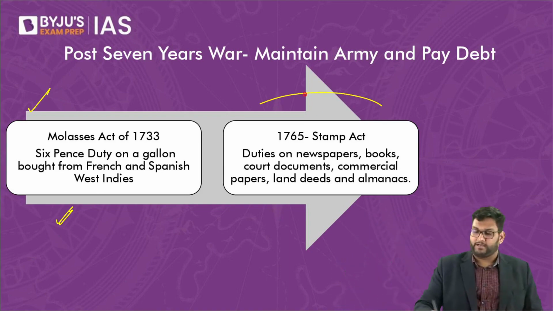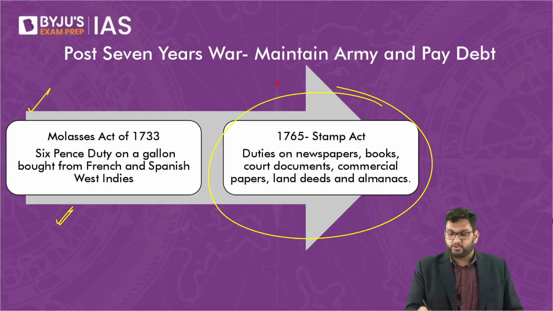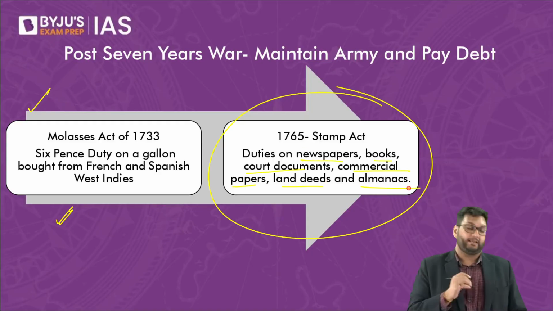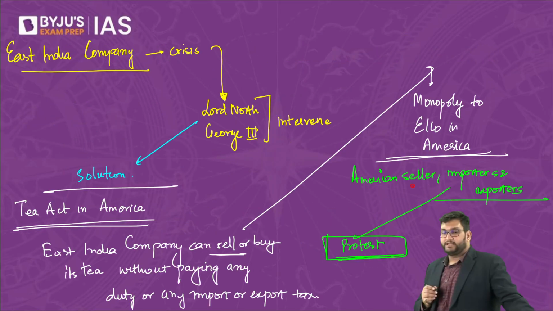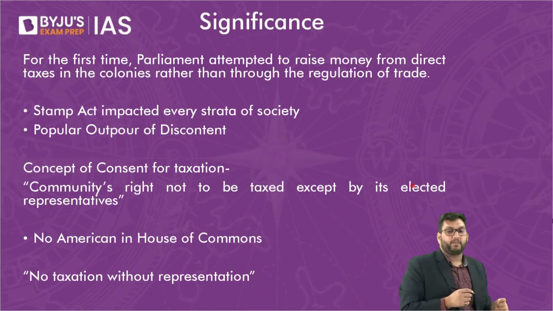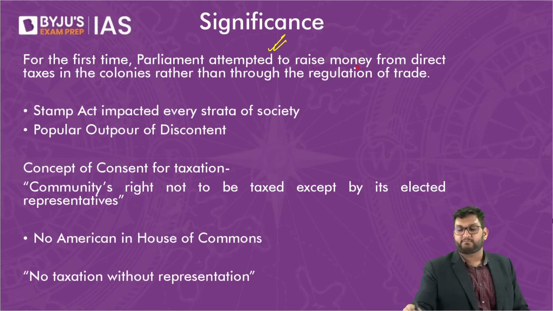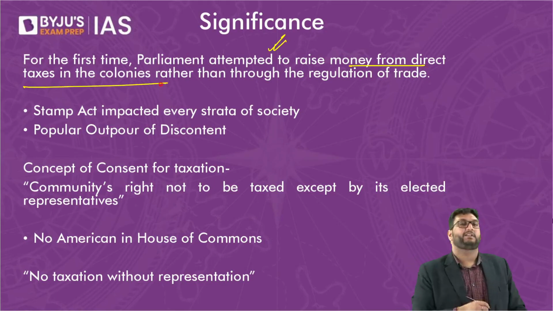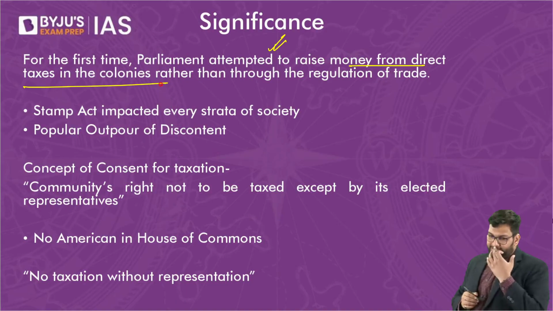Then comes the blunder, which is called the Stamp Act, duty on newspapers, books, court documents, commercial documents, land deeds, and almanacs. This will create the context for the first time, the parliament attempted to raise money from direct taxes in the colonies rather than regulation of trade.